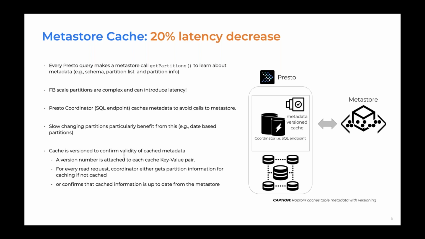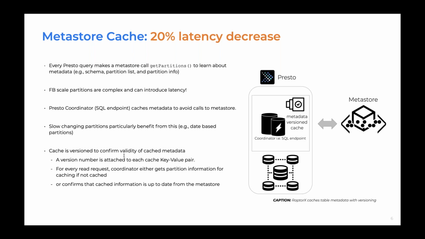There's one challenge though. The Hive Metastore is mutable. It can change over time. So while you are looking for that partition information in your cache, it may not always be correct, because the partition behind the scenes in the Metastore might have changed. So what we have done is versioned caching.